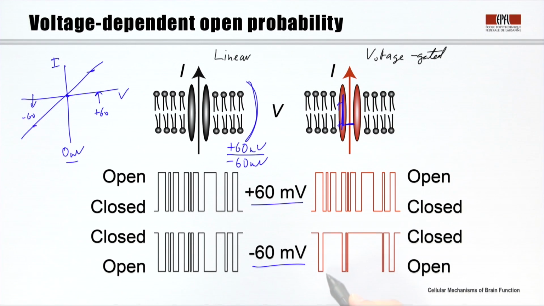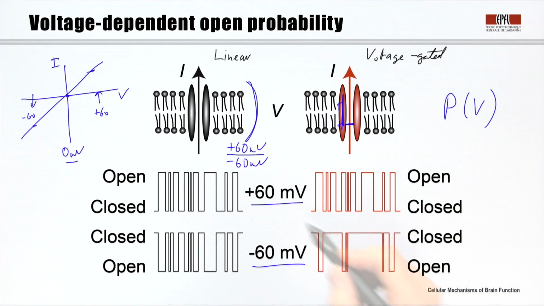So this channel spends relatively little time in the open state. When it does open, however, we get the full normal single channel currents, just as we would in the linear situation. What changes through the voltage dependence of voltage-gated ion channels is the open probability. The probability is a function of the membrane potential.